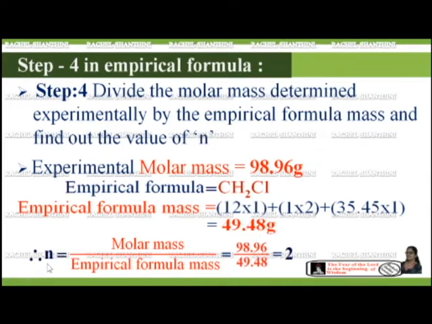We get the value of n from the expression molar mass divided by the empirical formula mass. The molar mass given is 98.96 divided by the empirical formula mass we have calculated as 49.48. So 98.96 divided by 49.48 gives 2, which is the value of n.